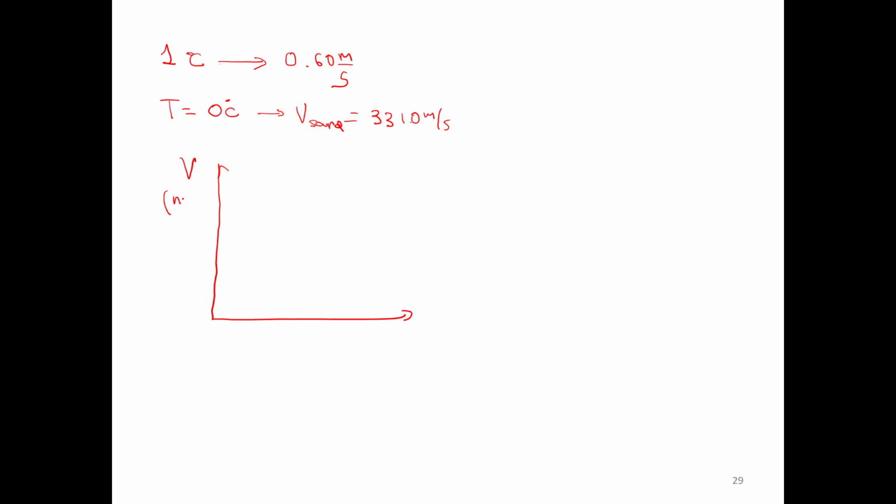And now let's try to graph this. The velocity of the sound in meters per second, and let's write here the temperature in degrees Celsius. Then we know one point on this graph: if the temperature is 0 degrees Celsius, the velocity is 331 meters per second. This value is right here. This corresponds to the y-intercept, where the line crosses the y-axis.